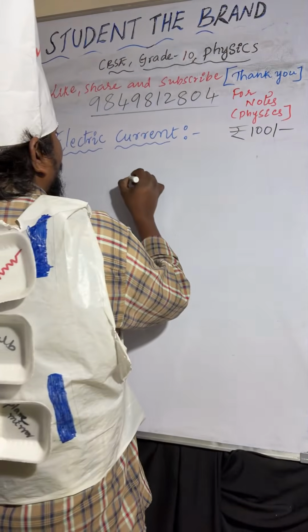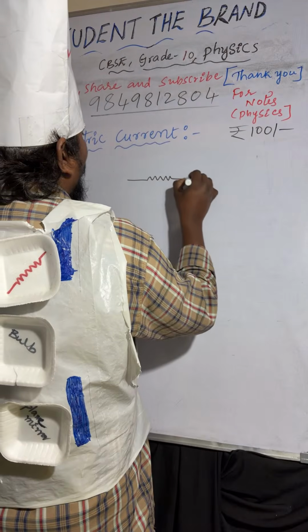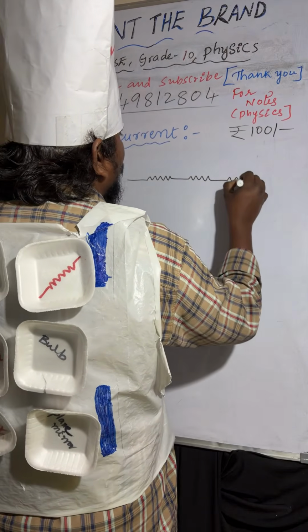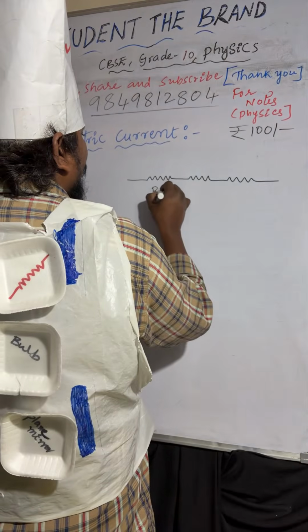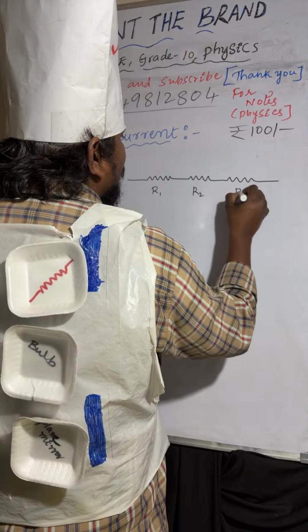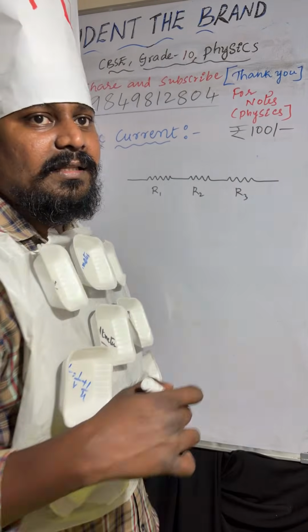So now you can see, these are 3 resistors, R1, R2 and R3.